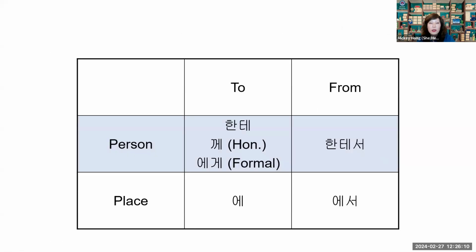Here's a chart to specify when you use 한테, 한테서 versus 에, 에서. When you are exchanging something, either physical, material, or information between people, then you use 한테/께 or 한테서. 에게 is also used for to, but it's very formal, like when you are making a dedication, okay?